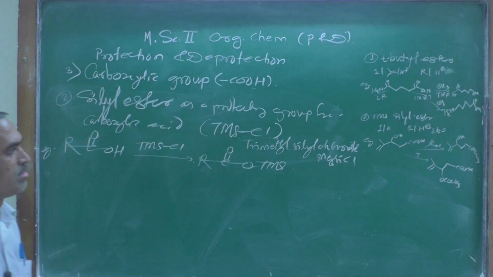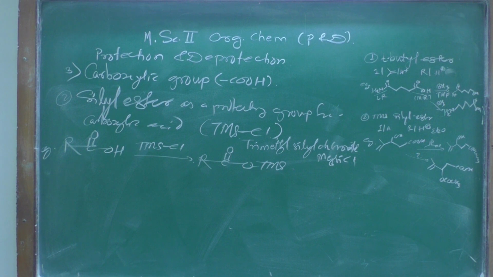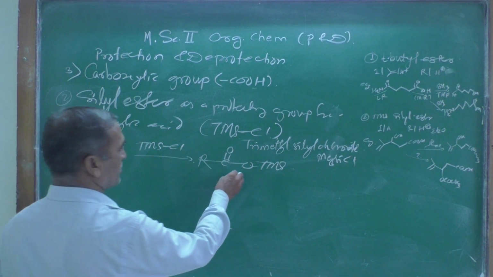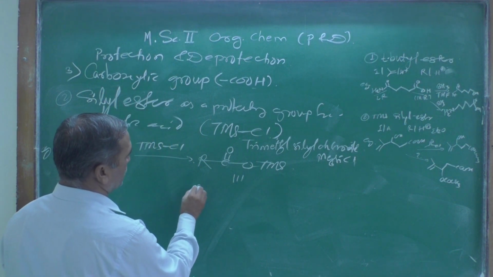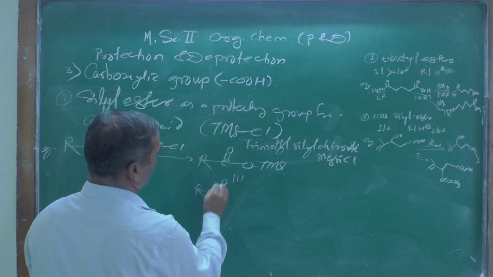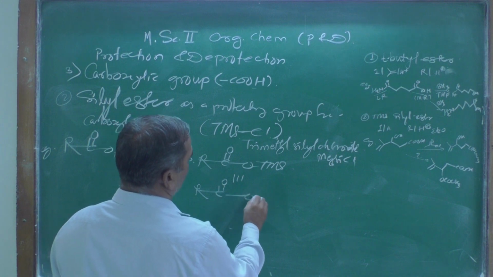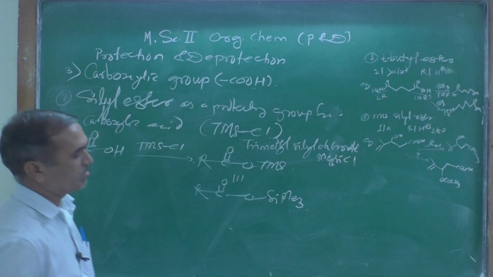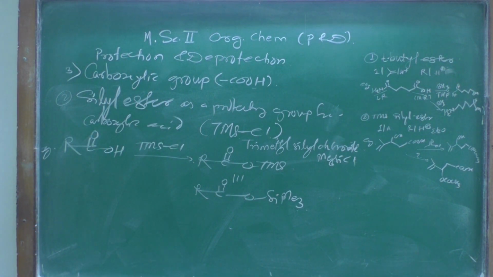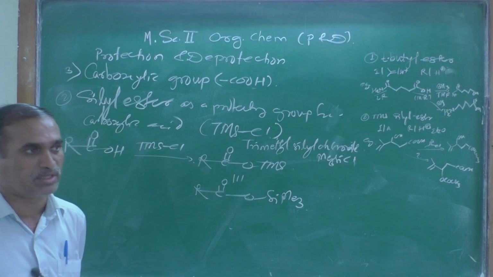So this is the structure of trimethylsilyl chloride, or instead you can show RC double bond O, then O SiMe3. SiMe3 means silyl. This is a protected carboxylic group.